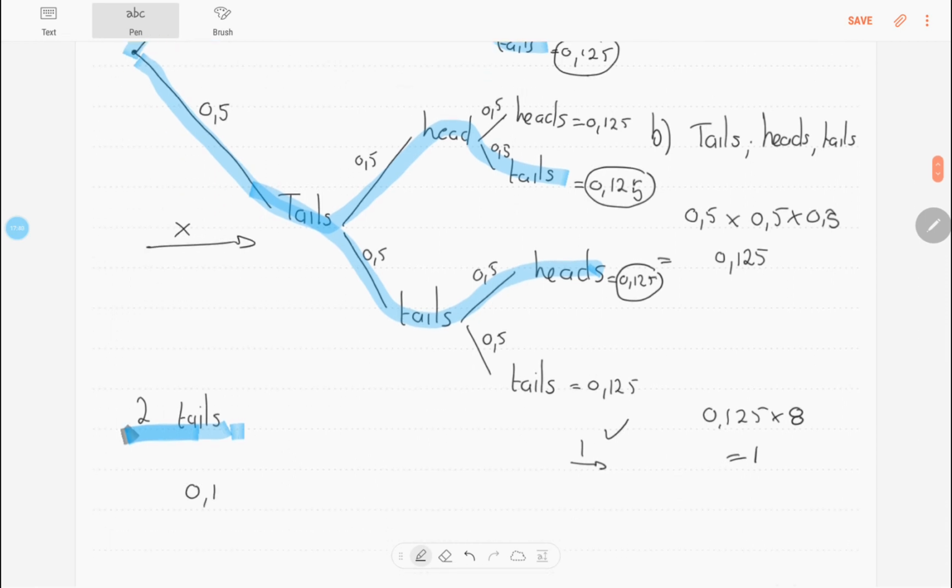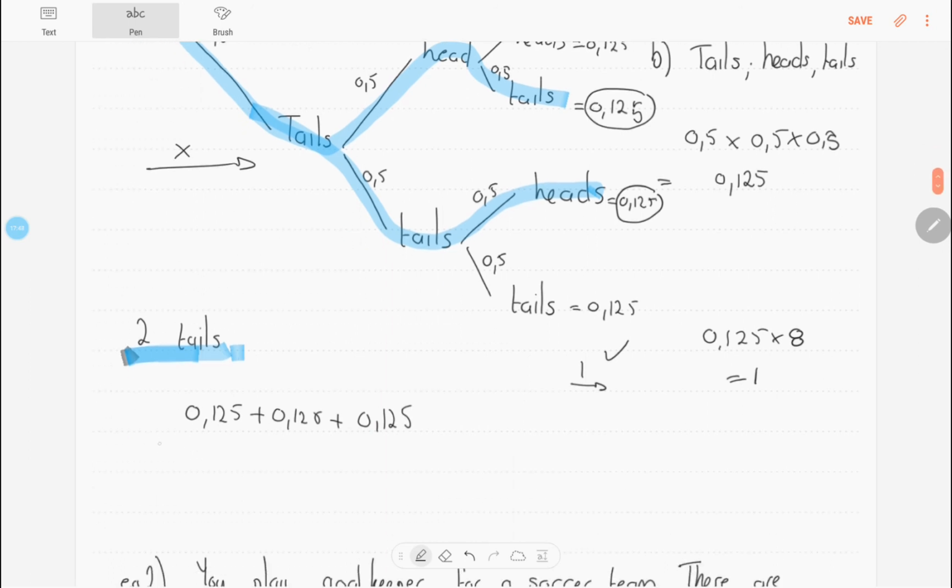We get 0.125 plus 0.125 plus 0.125, which gives me 0.375. So that's our probability. If we want a chance, we'd times it by 100 to get a percentage. So that's chance, and remember, our decimal is probability. I hope that makes a bit more sense. Remember, moving across we times, and moving down we add. That's it for today.